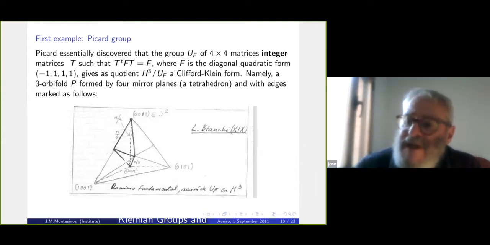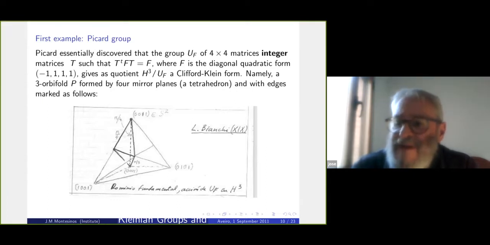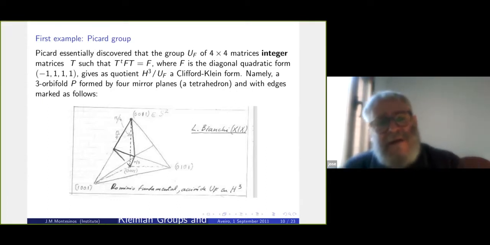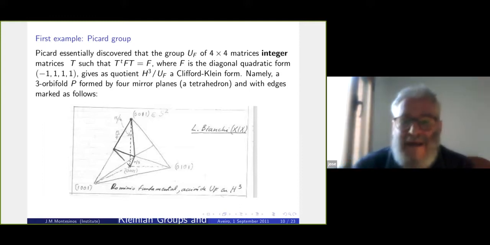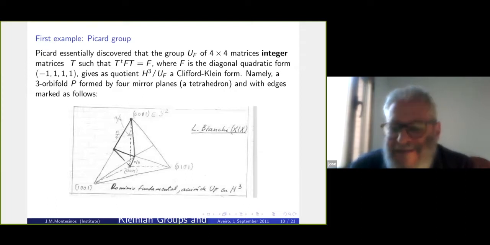The hyperbolic space is inside this sphere of radius 1. This group of integral matrices acts in H3, in the interior of the ball, by collineations, by projective transformations fixing the boundary. And the quotient space of the action is a Clifford-Klein form.